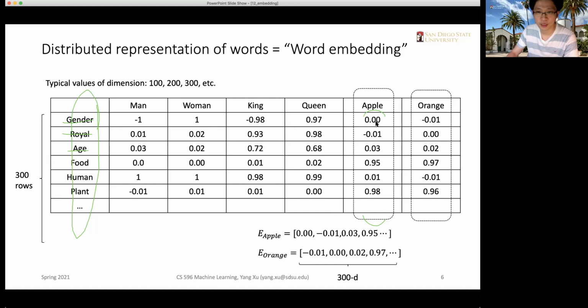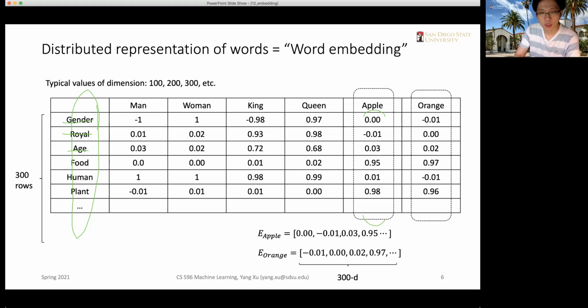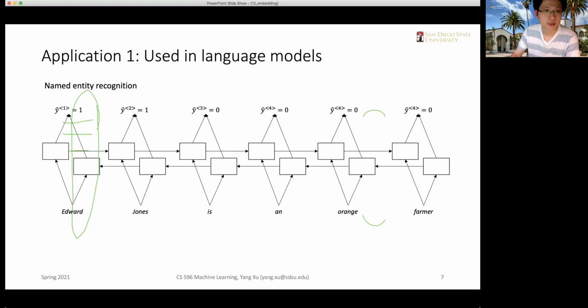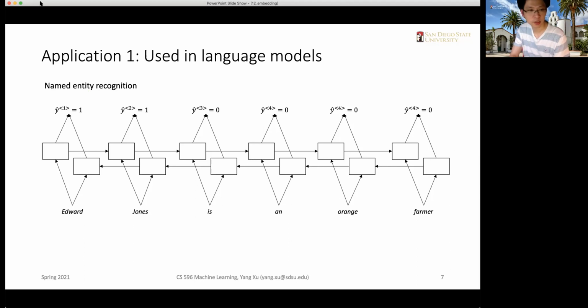The encoding for apple and the encoding for orange each have 300 dimensional elements in each vector. Okay. So let's look at how, once we've got some embedding vectors, what we can achieve in a language model task.